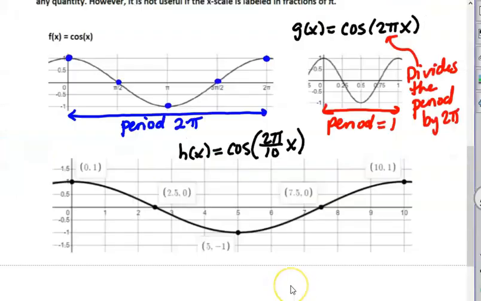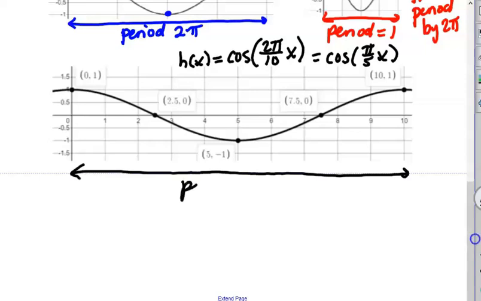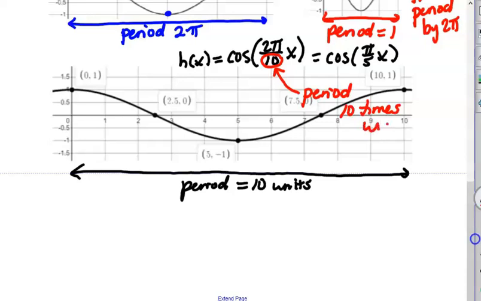Now, typically when we write these in problems, we will write it as cosine of pi over 5 x, where 5 is equal to half the period. You can do it either way, but pi over 5 is typically the way you'll see it. So this now has a period equal to 10 units. So when we divided, this part right here made the period 10 times wider.